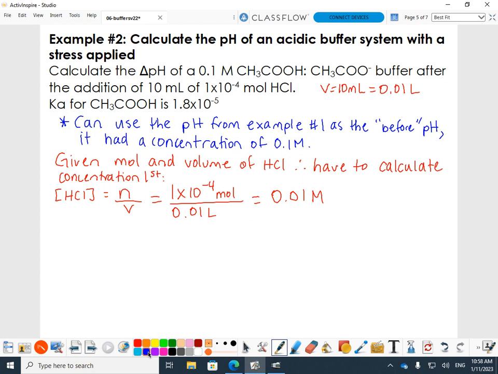Just check: am I given concentration or not? So sometimes you'll have to do this step and sometimes you won't, okay?